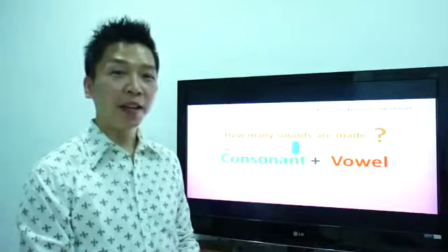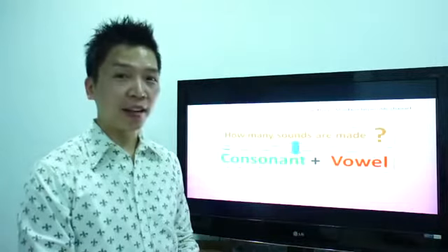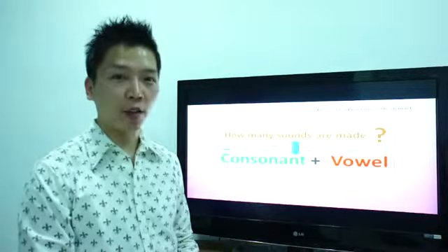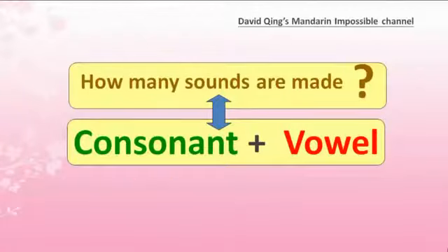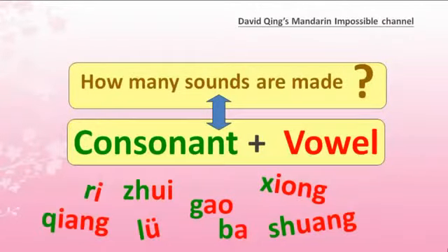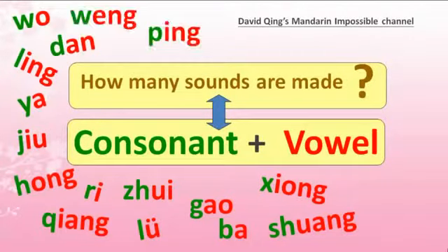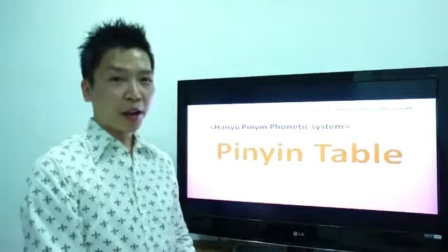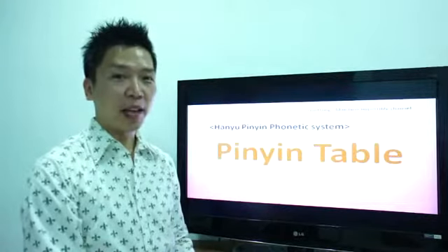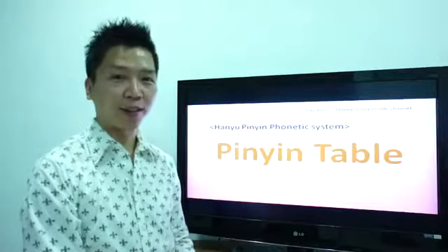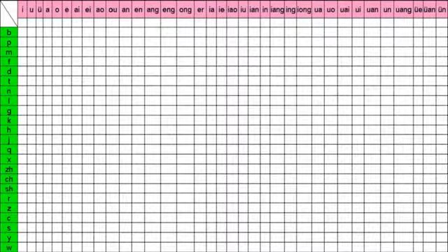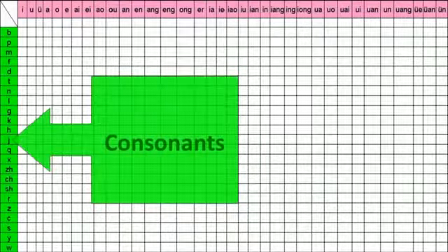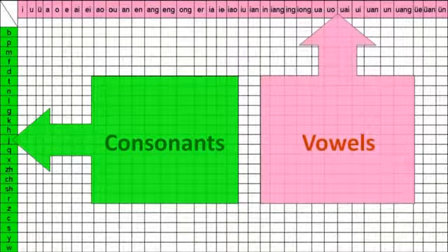Do you know how many sounds are made in Mandarin Chinese using the consonants and vowels we have learned? Let me tell you the answer by using the pinyin table of the consonants and vowels. In this pinyin table, the consonants are in the green row on the left side, and the vowels are in the red row across the top.